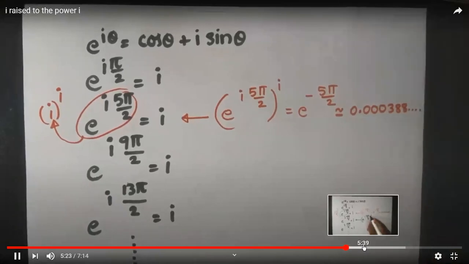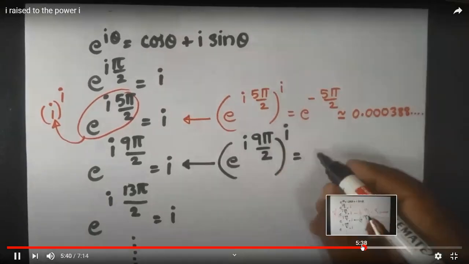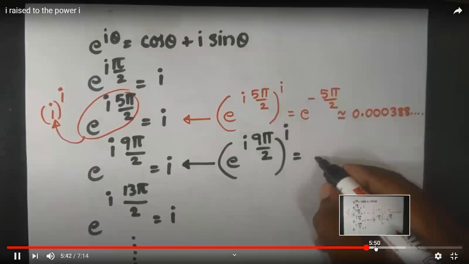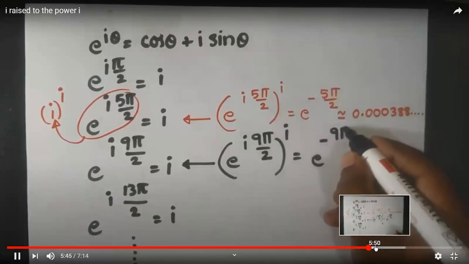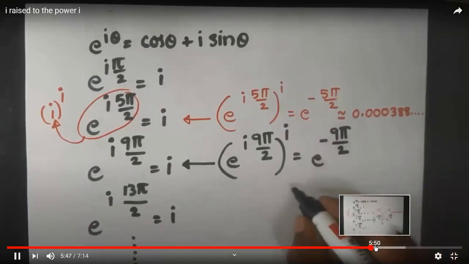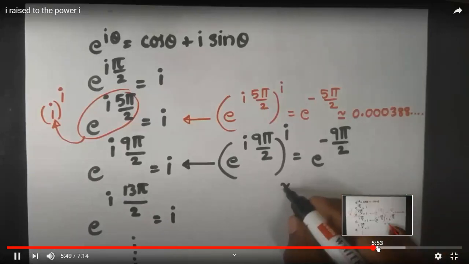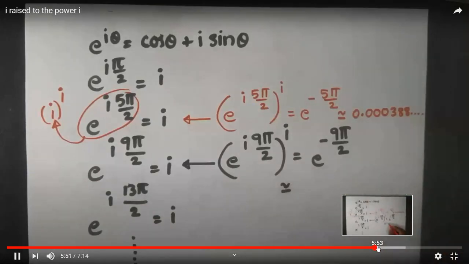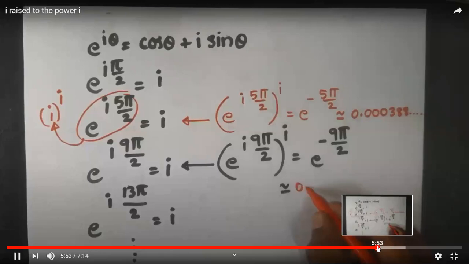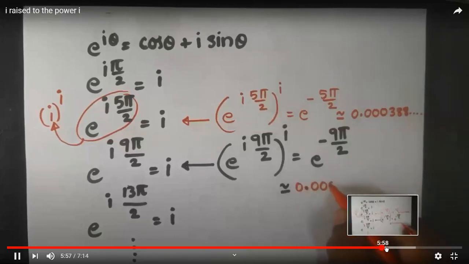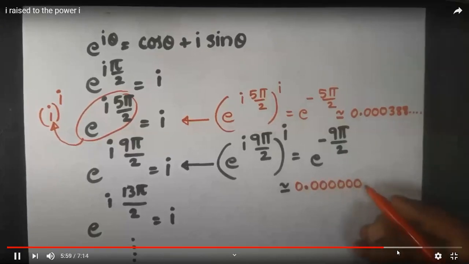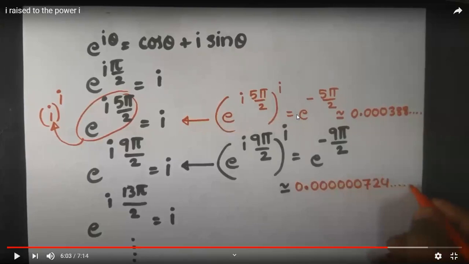Similarly, and so on. Anyways, you get not only 0.2078 something, you also have these others.